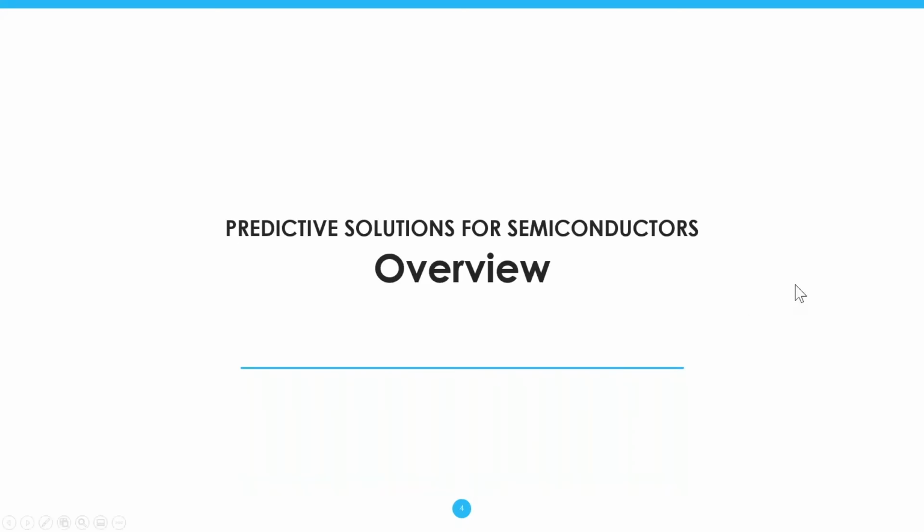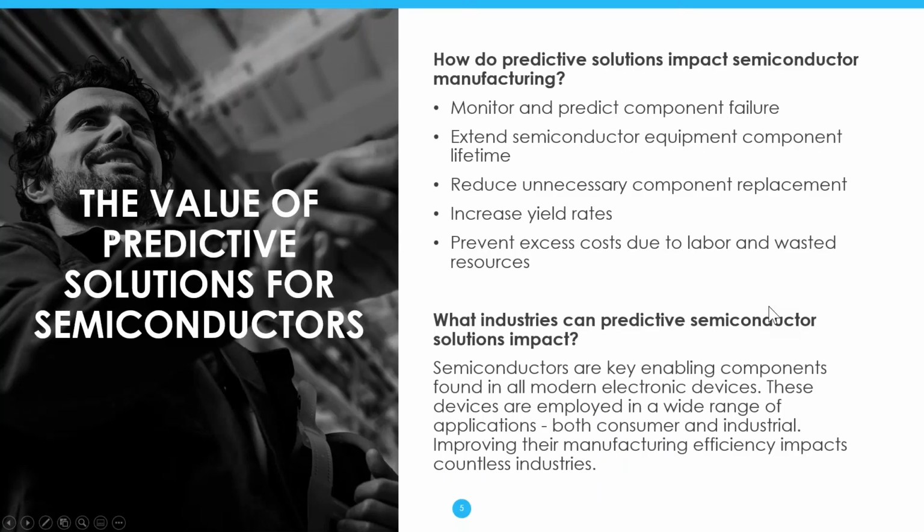So let's begin with an overview of the predictive solutions for semiconductor manufacturing. Various industrial market segments can definitely derive value from predictive analytics if appropriately utilized and applied judiciously. Predictive solutions in semiconductor manufacturing can be tailored for a predictive maintenance use case, in which the goal may be to extend the maintenance time window and lessen unnecessary replacement of components and consumables.